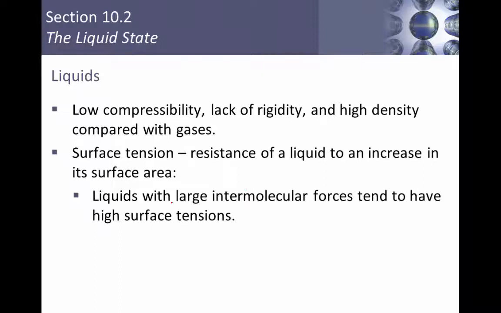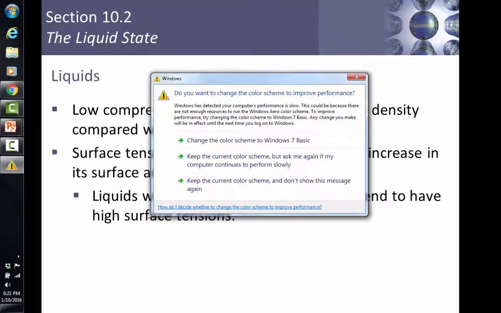Second is capillary action, a liquid's ability to rise up in a narrow tube. And then viscosity, a liquid's resistance to flow. These three properties are directly related to the intermolecular forces that exist within them.